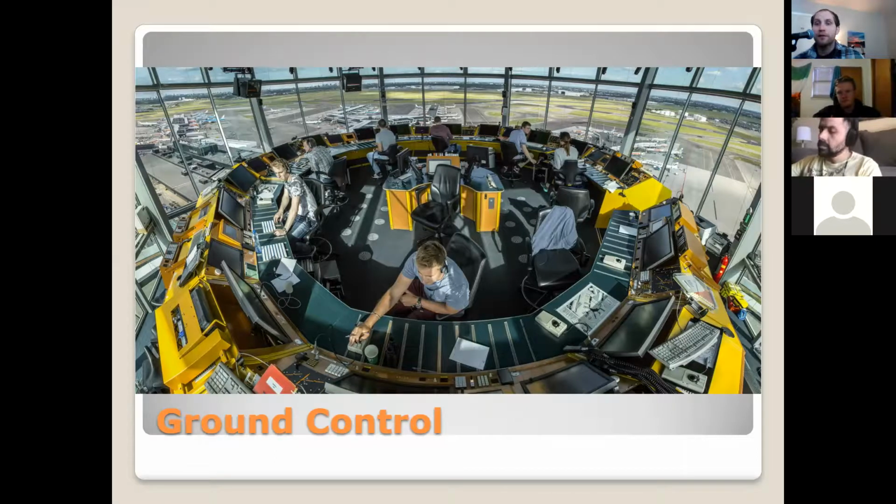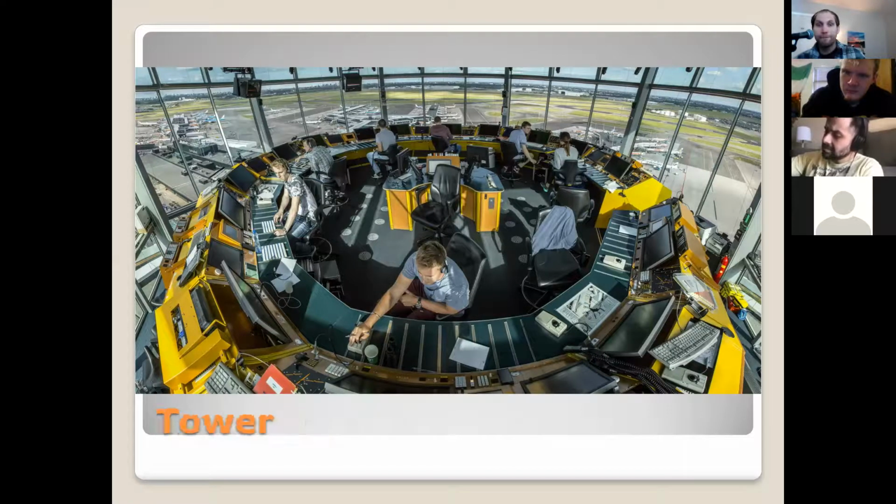And if you want to cross that line, you need to have clearance from ground. You get clearance from ground control to enter the movement area. And then from there, you would get clearance from ground control to get all the way to the active runway, to the hold short line. When we get to the active runway, the hold short line, that's when we're going to start talking to the next air traffic controller.